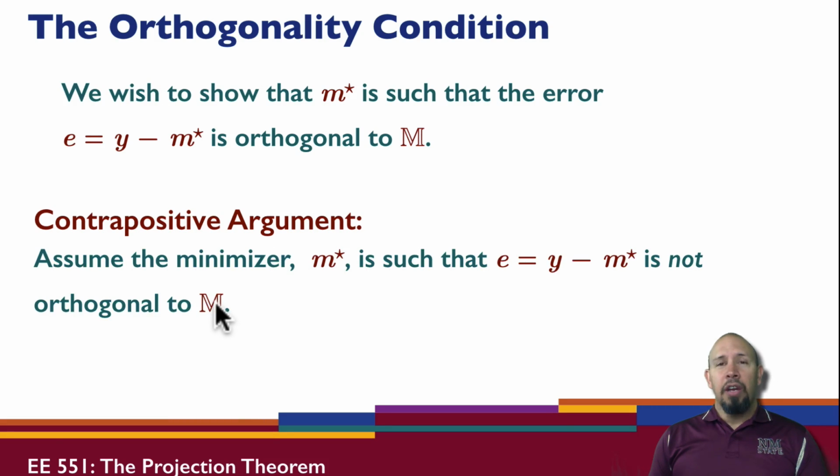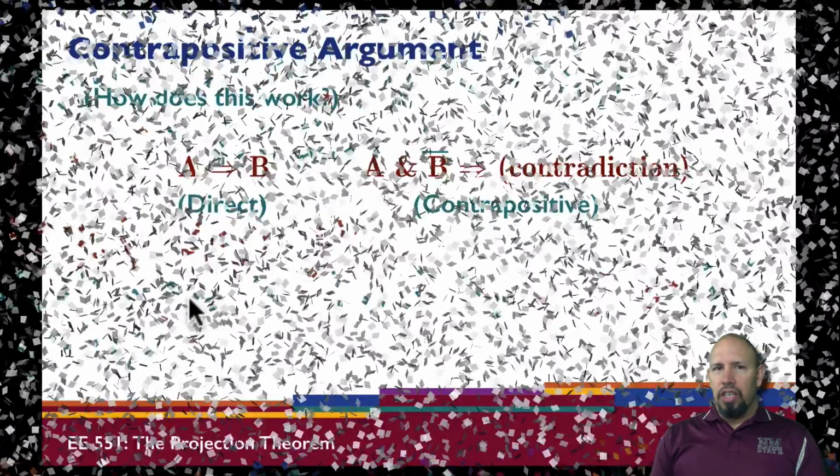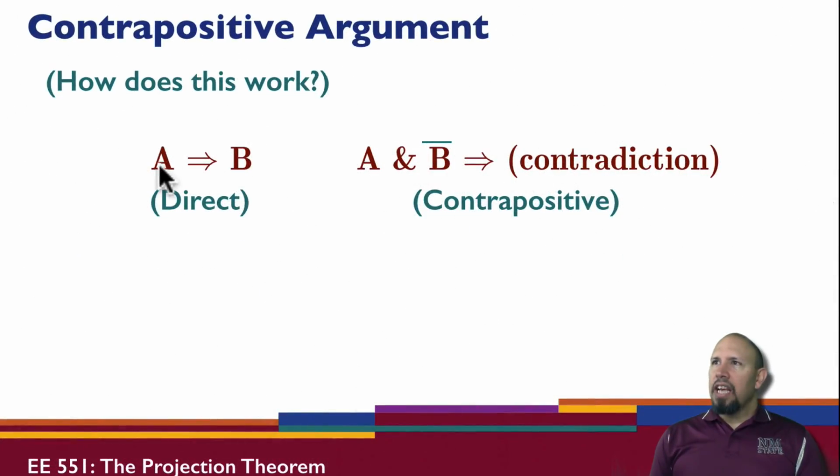What happens with a contrapositive argument is that you assume not the result, and by assuming not the result, you get a contradiction. It kind of looks like this. The direct proof would say A, blah, blah, to B, and we just go step by step and prove B. Contrapositive argument says, I'm going to assume A and not B and show that we get a contradiction.